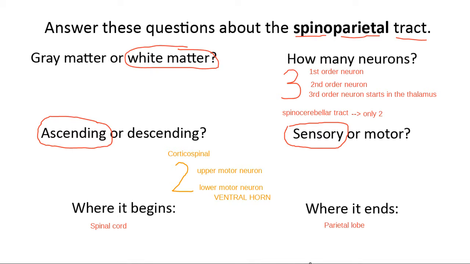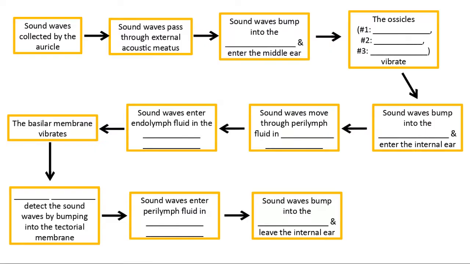All right, well, let's move into special senses then. I asked you to outline the process of hearing because we want to make sure we know what order these things go in. So let's work our way through our flow chart that shows us the process of hearing. We start with the sound waves that are in your environment. Remember from lab that the outside part of your ear that you can see is called the auricle.